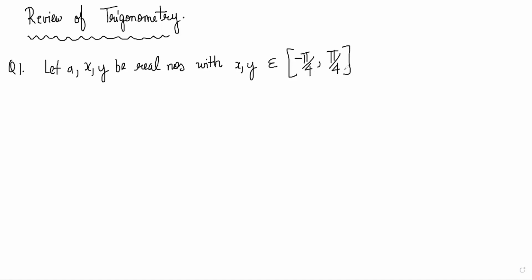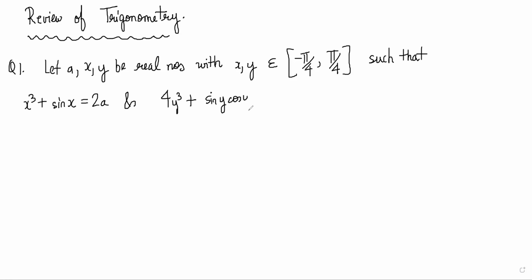It says, let a, x, and y be real numbers with x and y belonging to the interval minus pi by 4 to pi by 4 such that x cube plus sine x is equal to 2a, and we have 4y cube plus sine y cos y is equal to minus a.